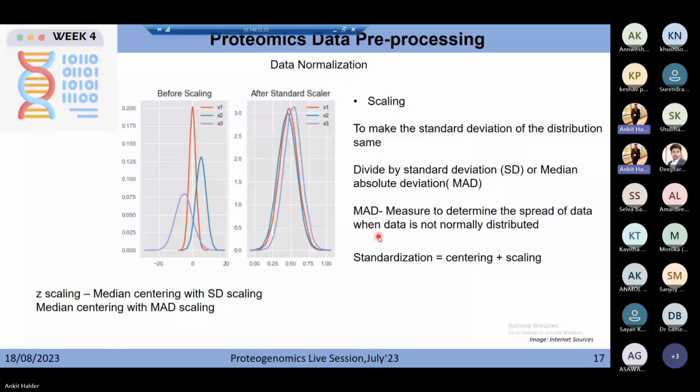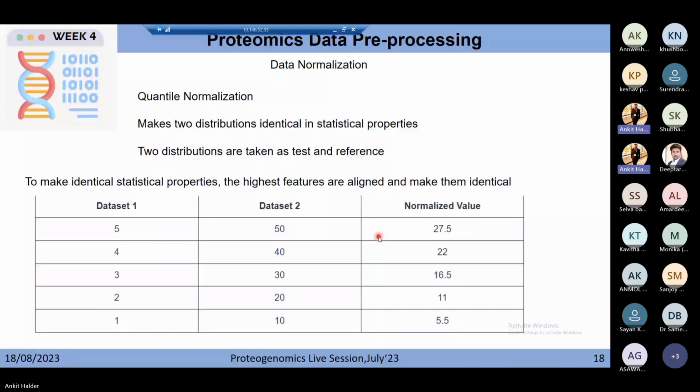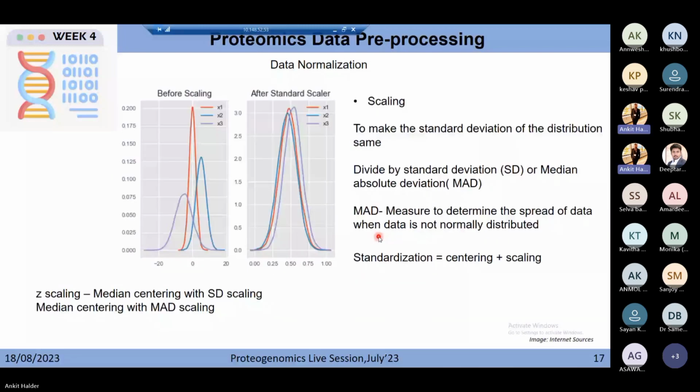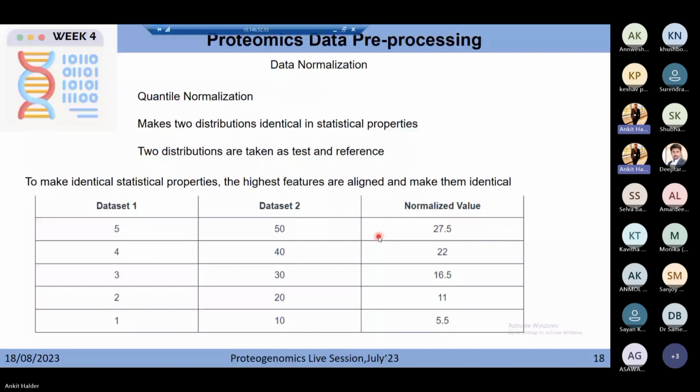These two are generally used in proteomic data sets, but there is another normalization technique that is mostly used in microarray or RNA-seq data sets. It is known as quantile normalization.